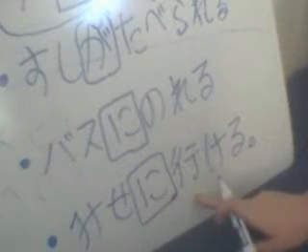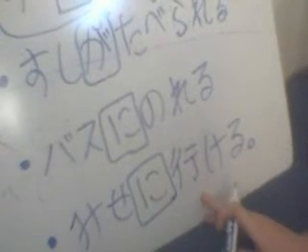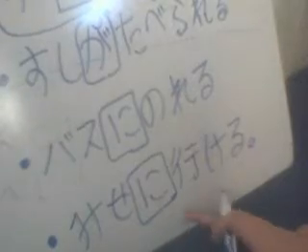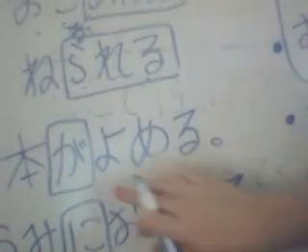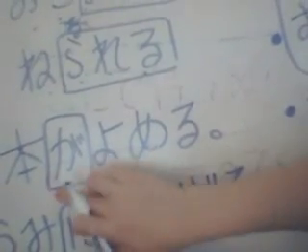Or mise, store, ni ikeru, can go to the store. That's an exception too, because iku always gets the ni particle and noru also gets the ni particle. But in most cases, when you're using potential form, we're going to use the ga particle. So hon ga yomeru, I can read a book.